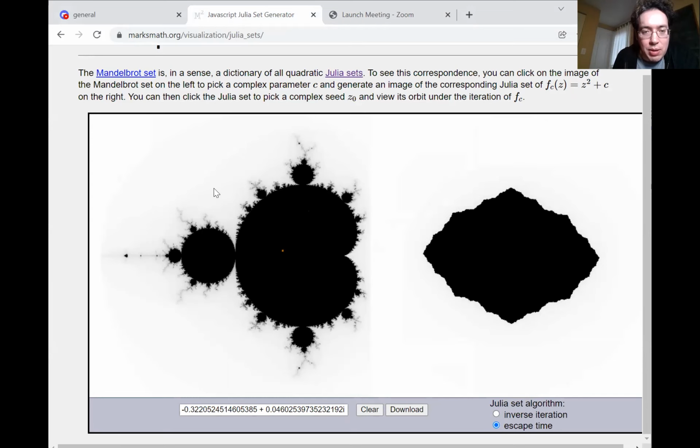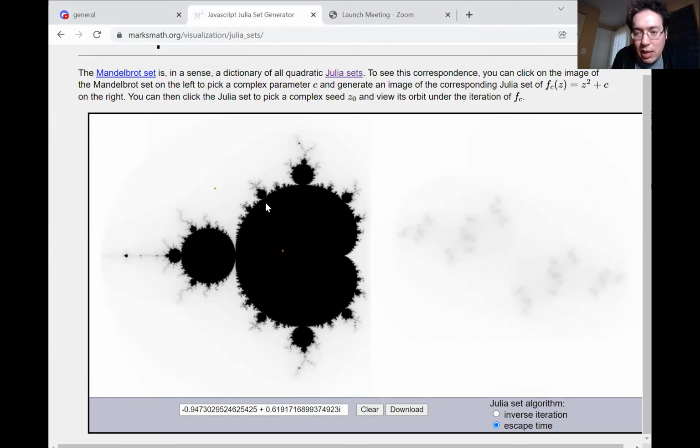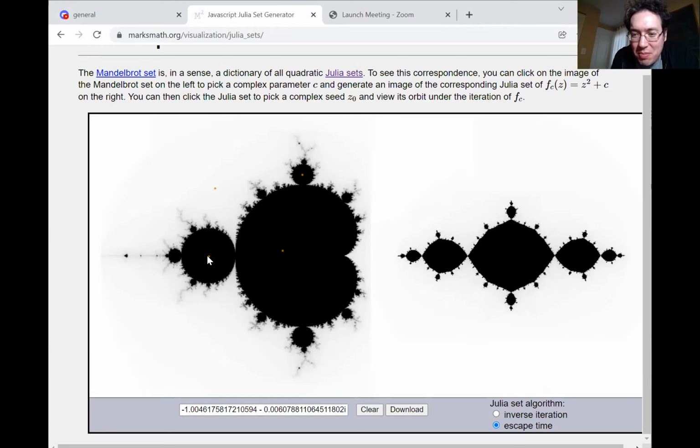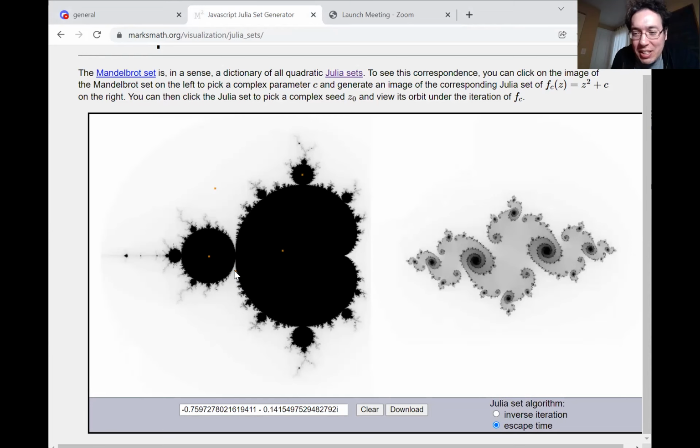Right? So that looks like little dust. These look like, these are called rabbits. That looks pretty. What I like is going in these armpits. You get some really cool spirals going on.